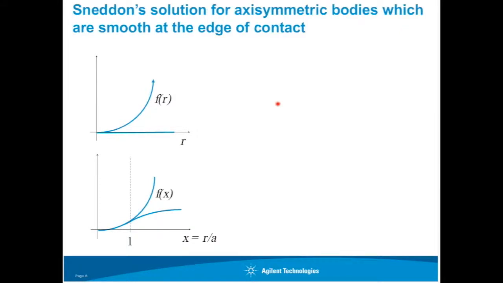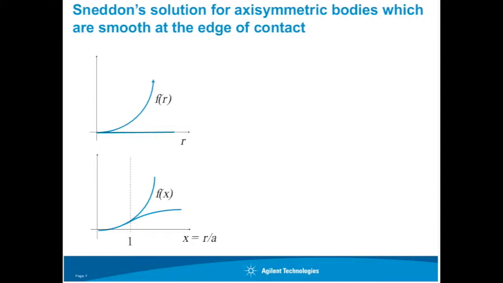I need to explain one more thing before presenting Sneddon's solution. Sneddon uses a variable transformation which normalizes the radial coordinate by the contact radius. The new radial coordinate is x, and it is obtained by dividing the original radial coordinate r by the contact radius a. So the picture doesn't look any different.